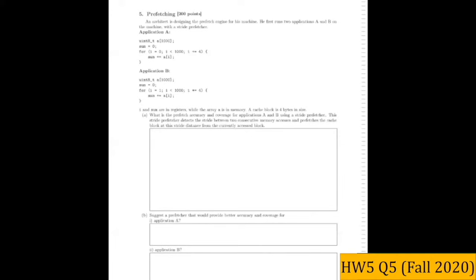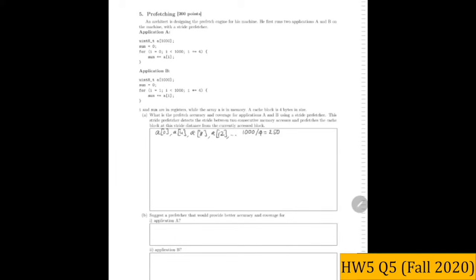Now, to understand the coverage and accuracy of a stride prefetcher in applications A and B, let's first try to understand how many memory accesses application A would generate. Application A would access elements A0, A4, A8, A12, and so on. So this means in total, application A would create 1000 divided by 4, that's 250 memory requests.